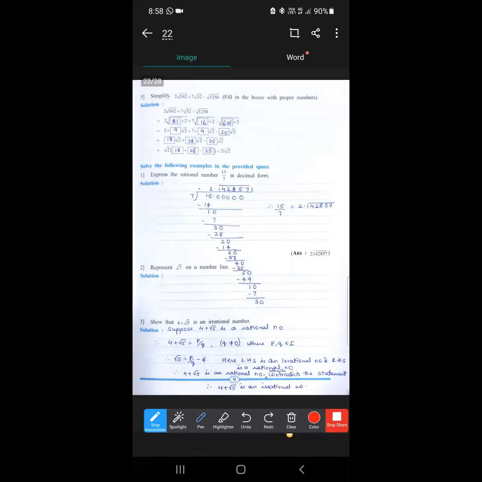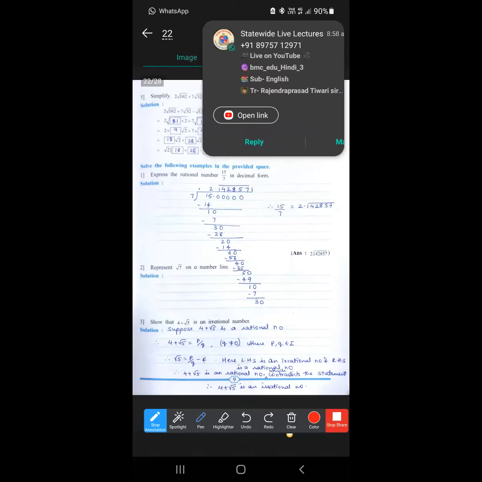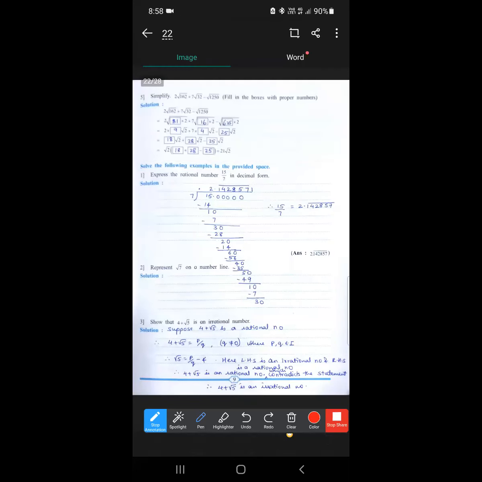So here it is a simplification, and this question is from the subtopic surds, that is in chapter number 2, Real Numbers. In surds we have seen different types of surds, how to rationalize, add, subtract, multiply and divide.